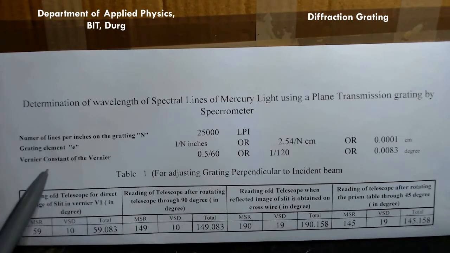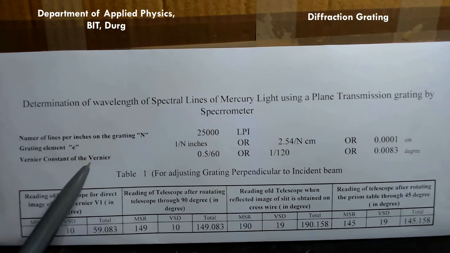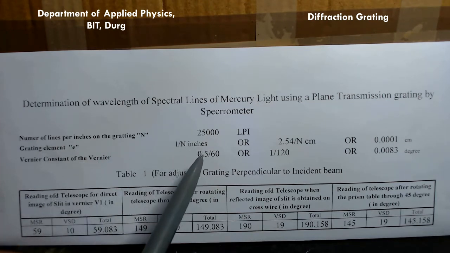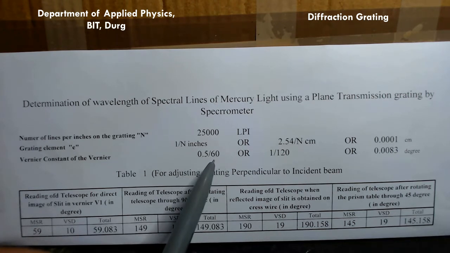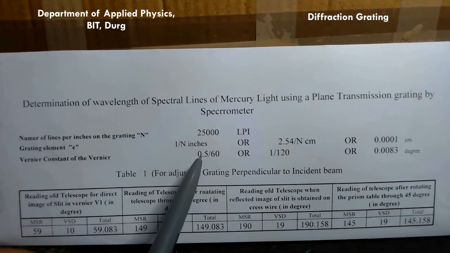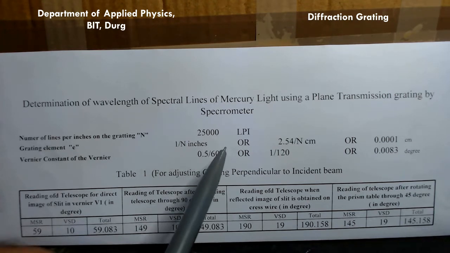Next is, what is the vernier constant? Because we are using a vernier scale. The vernier constant is the smallest division of the main scale, 0.5 degree, divided by the number of divisions on the vernier scale, that is 60. So the smallest division of the main scale divided by the total number of divisions on the vernier scale gives us the vernier constant.